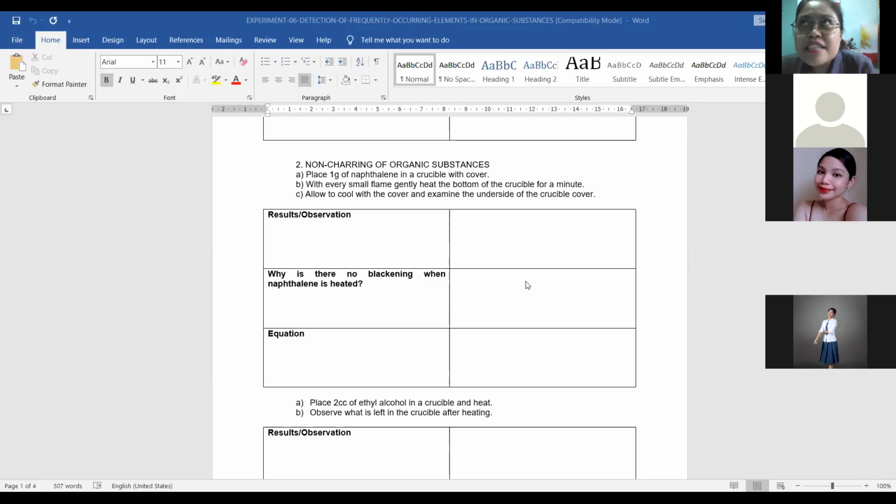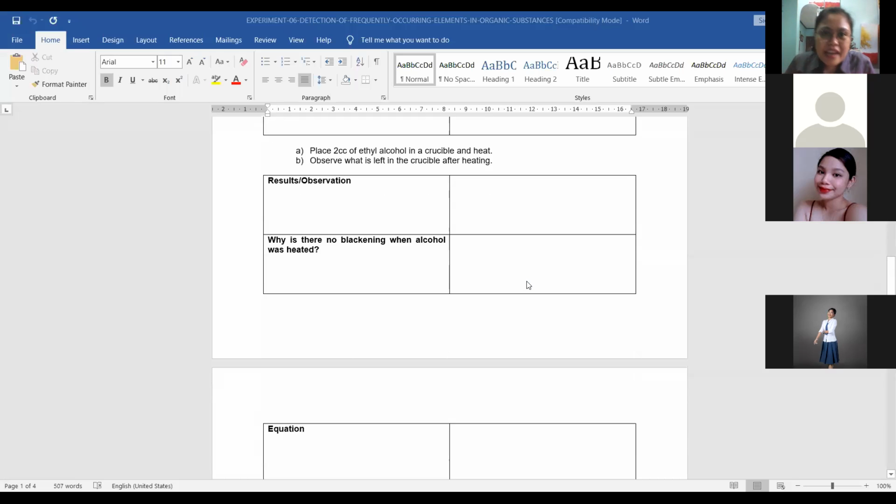Meaning, it will just undergo sublimation, from solid to gas. So, nothing is left. There is no blackening. Remember, the color of the char is black. So, no blackening will happen and no char will form, because naphthalene will just undergo sublimation.